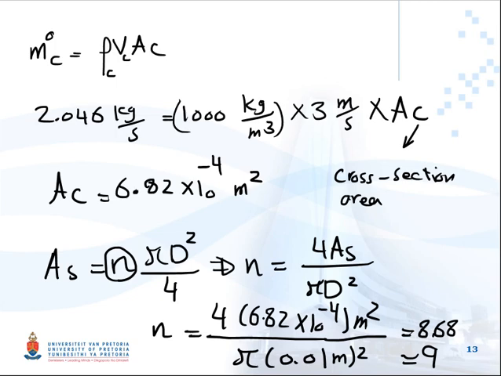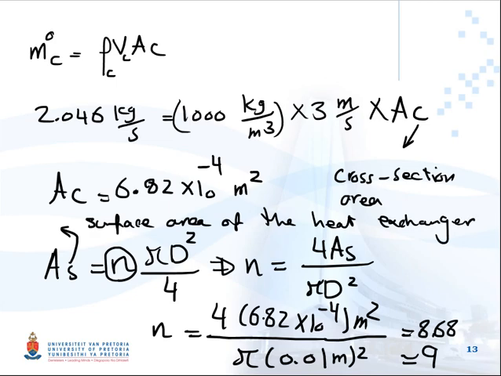Okay, so here you might ask this question: AC is the cross section area, while AS we said is the surface area of the heat exchanger, if you remember. So surface area of the heat exchanger, and AC is the cross section area.